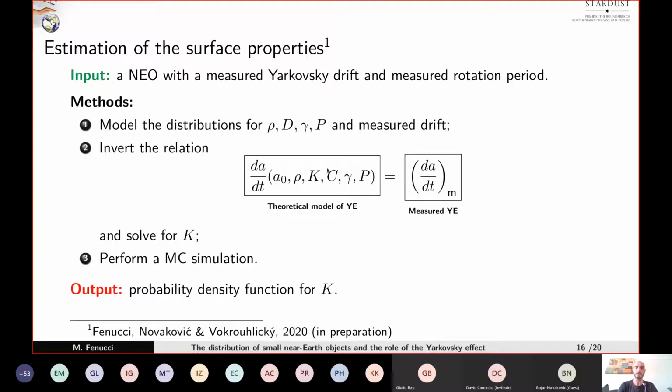So comparing the model to the measurement, we can find some clues about the surface properties of the asteroid.